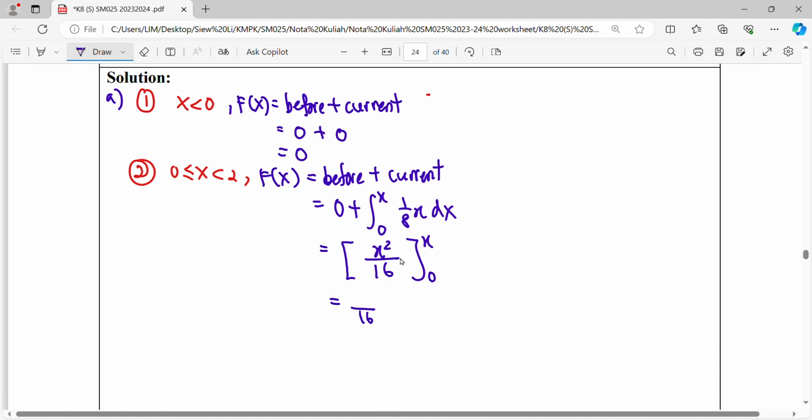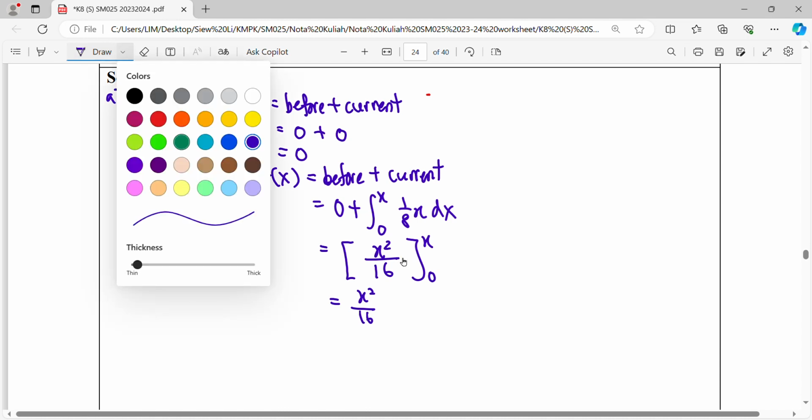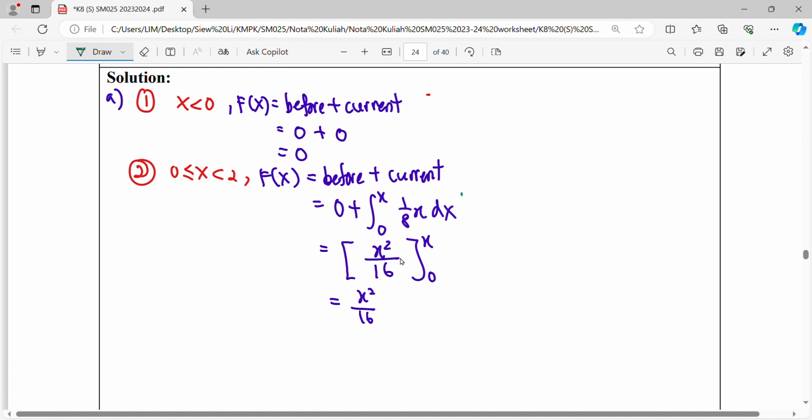When I substitute x into x squared, it will remain x squared over 16 minus 0. Or in other words, if you want to use t, you will integrate from 0 to t, and your function will be all in terms of t.